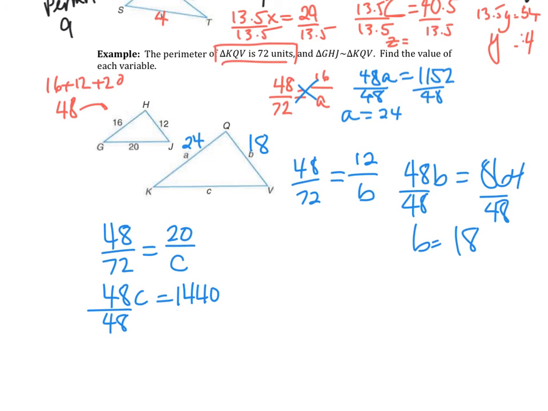Divide both sides by 48, and we come up with our last value of that triangle. C is equal to 30. So again, we used that first ratio of 48 over 72 in each side, because we know if the triangles are similar, the proportions of their perimeters are the same as the proportions of their sides.